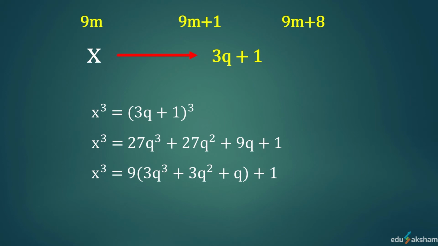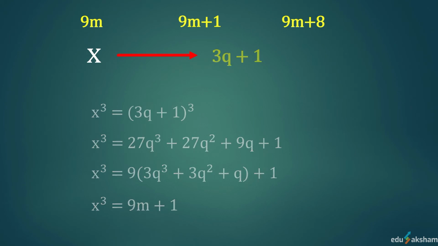Therefore, 3q cube plus 3q square plus q can be written as m, and x cube can be written as 9m plus 1. So, we can see that when we take the value of x as 3q plus 1, its cube is of the form 9m plus 1.